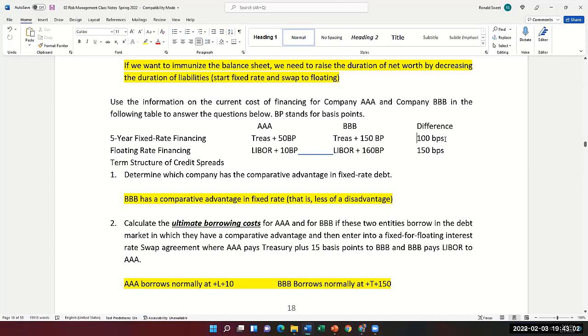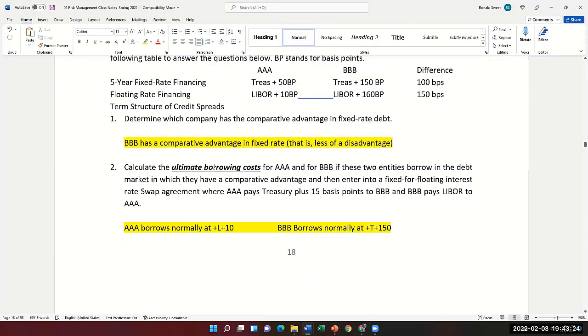Okay, so the number is smaller on fixed, so BBB has the comparative advantage on fixed, which is probably not going to be on the exam. It's probably going to look more like the first problem where BBB has the advantage on floating and AAA has a comparative advantage on fixed. All right. So just know this is out of line with normal situations.